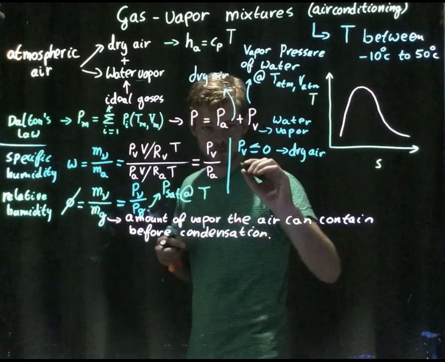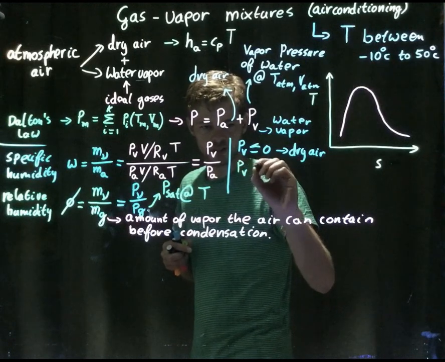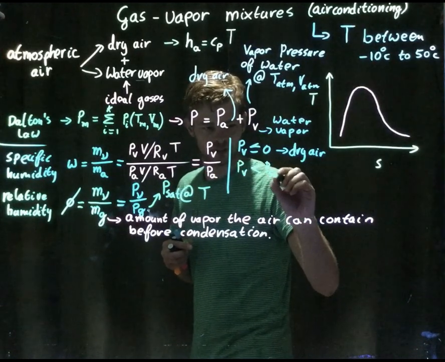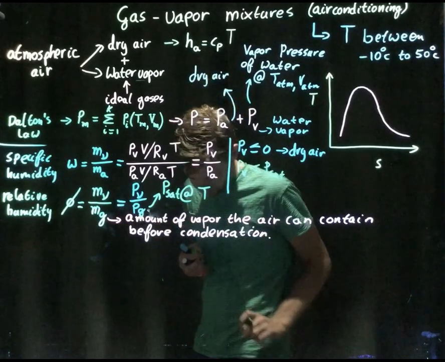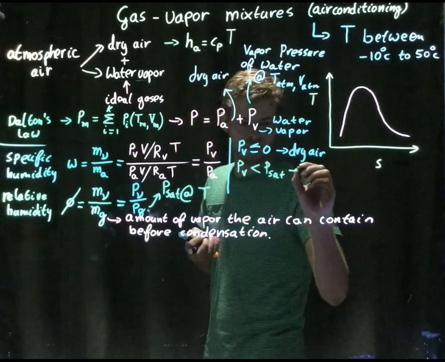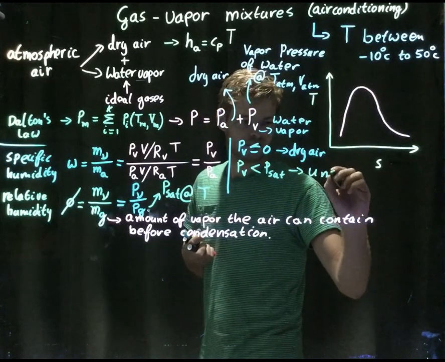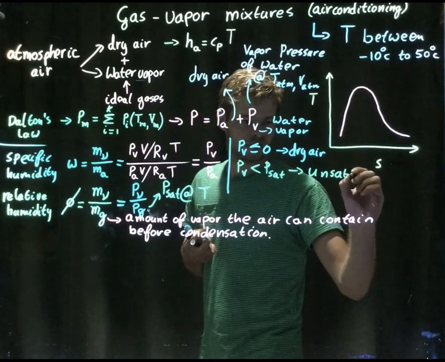And if this PV is lower than P sat, so actually Pg, then it's unsaturated, so I can add more vapor.